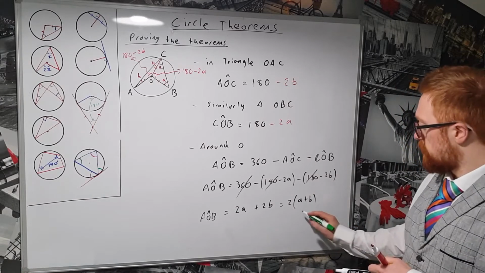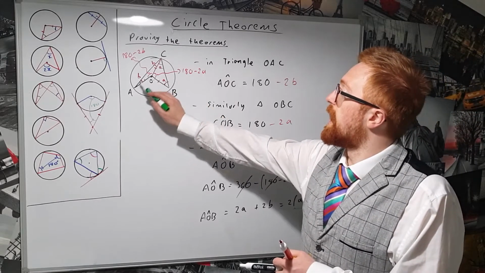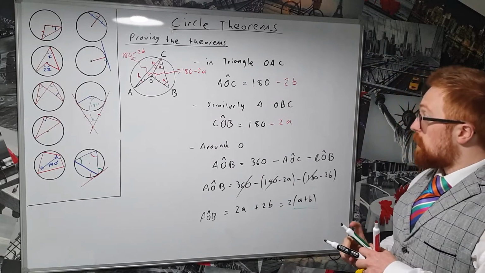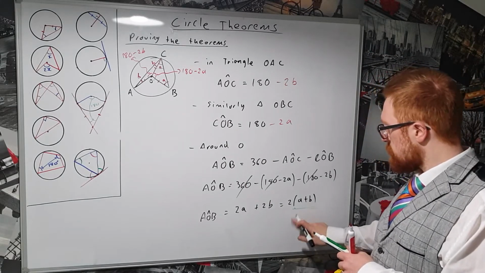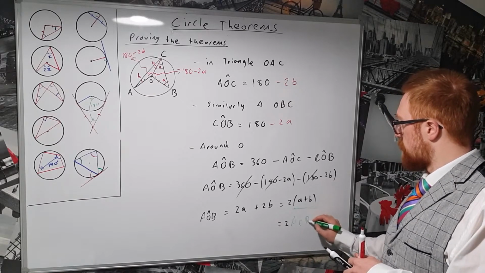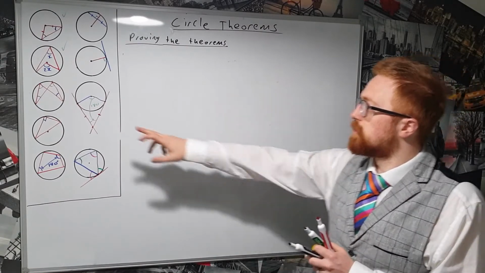Now I know that a plus b is equal to ACB, this angle up here. So that's equal to 2 times ACB. Done.